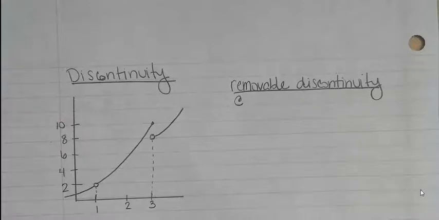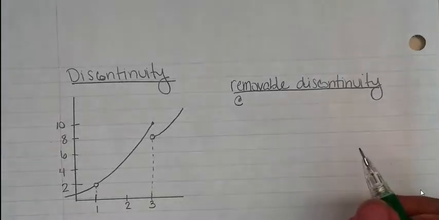Maybe you have like x minus 3 in both the numerator and denominator, and you can factor that out. That would mean that you'd have a hole at x equals 3. Or in this case, maybe my function, in my numerator and denominator, I have a factor of x minus 1. When I reduce that, that means I still can't have x equaling 1. It's still going to be undefined there. So I'm going to have a hole there.